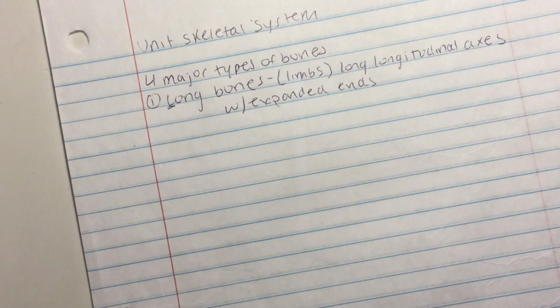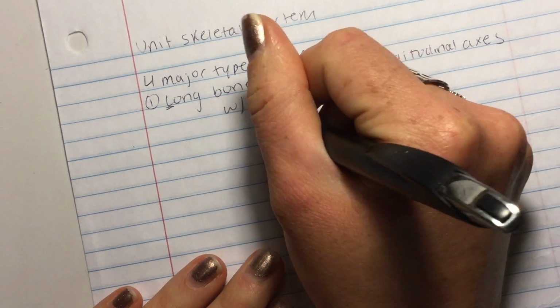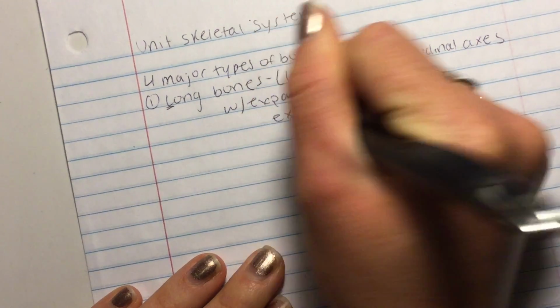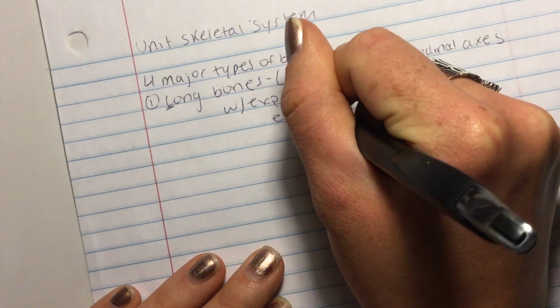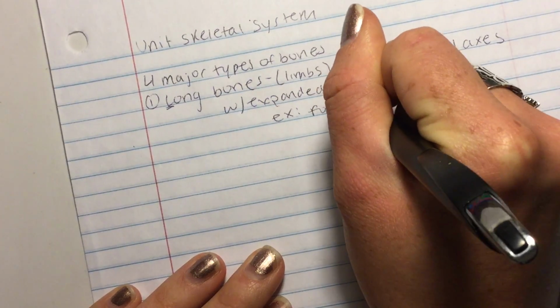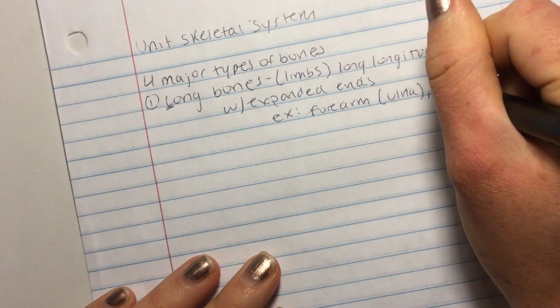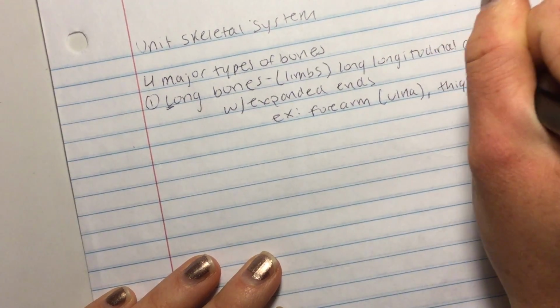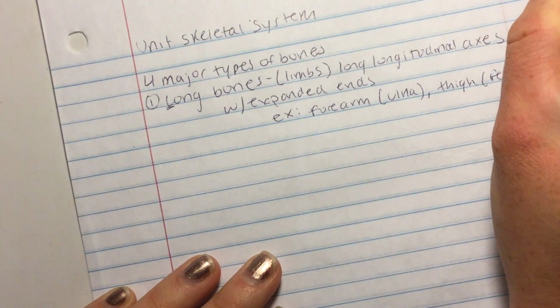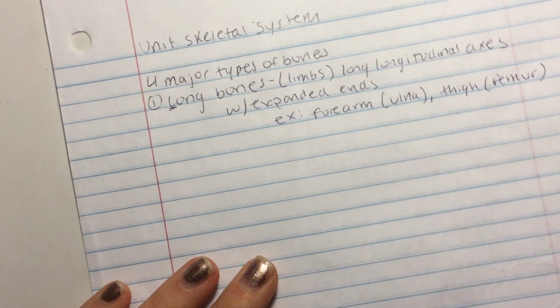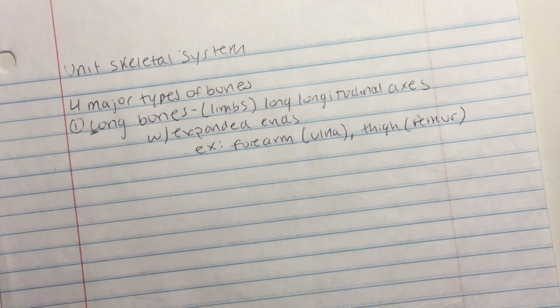So I'll draw a picture for you in just a second, but before I do that, here's an example of where you can find them. In your forearm, you'll find your ulna, for example. In your thigh, you'll find your femur, for example, although there are many other places where you can find long bones too.